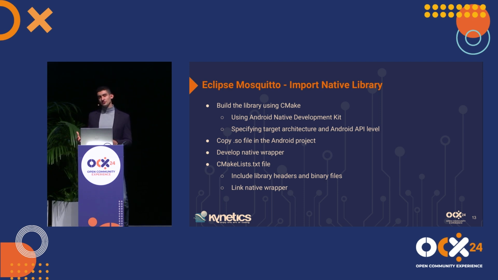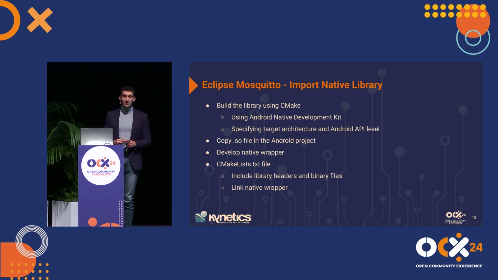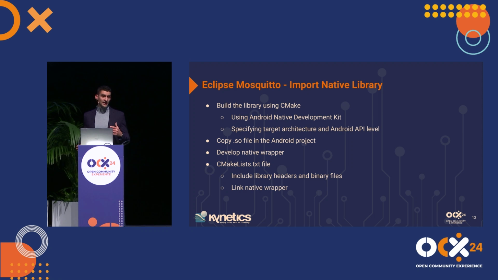So basically, the source file written in Java specifies an interface. In our case, it could be subscribe to a topic or publish a message. But the implementation of this interface is not provided in the Java language, but instead is provided in the native language.